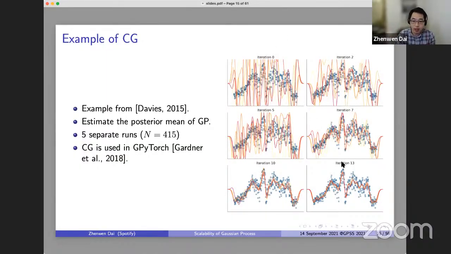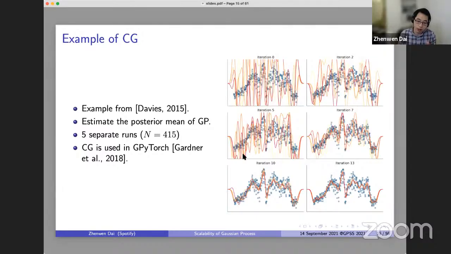And after, say, iteration 13, it's more or less a nice Gaussian process fit. Also, one thing I forgot to say: all these colored curves are the posterior mean of a Gaussian process.